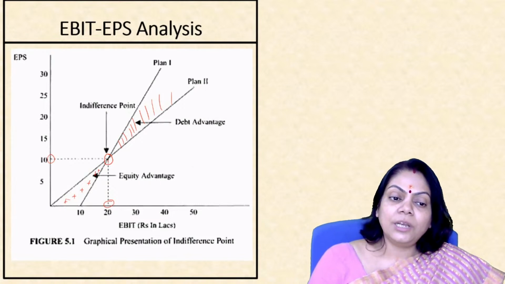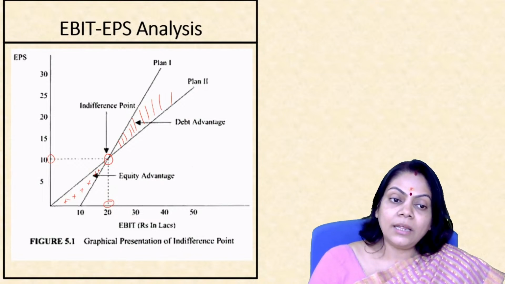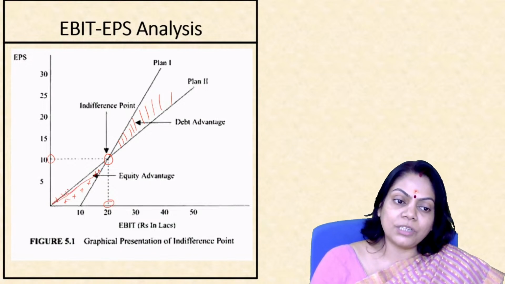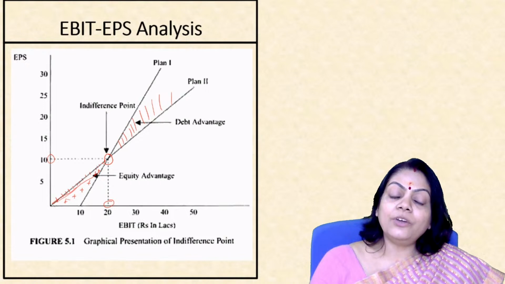If the firm's expected EBIT is below 20 lakh, then this particular segment of the line is doing better, and that means this segment corresponds to higher EPS, and that corresponds to plan 2.